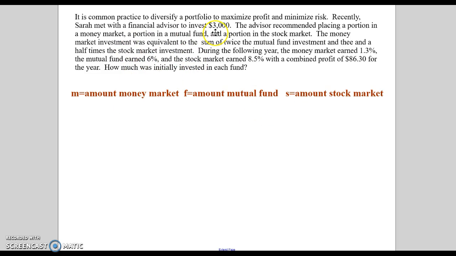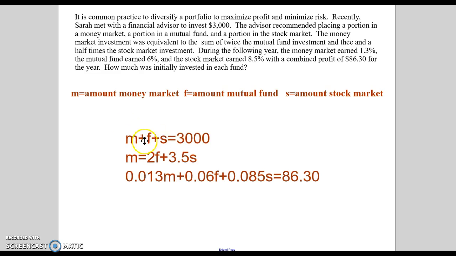Now we have to take the information we have here to actually create the equations. So I'm going to pull up the 3 equations. The first one, I know that my 3 amounts have to add up to my initial investment right here of $3,000.